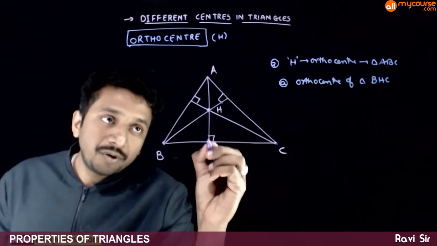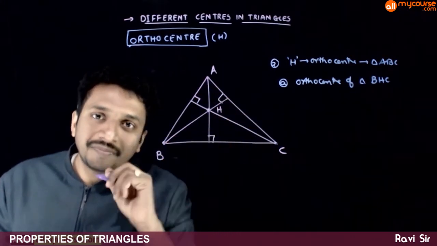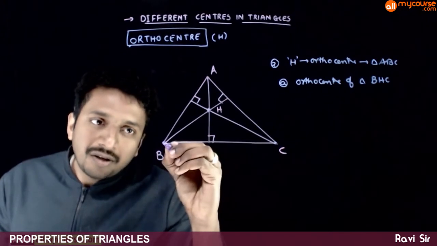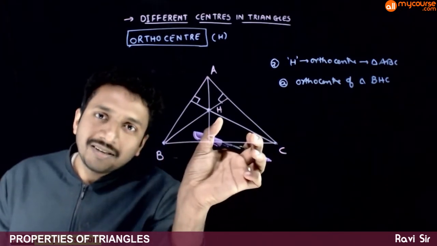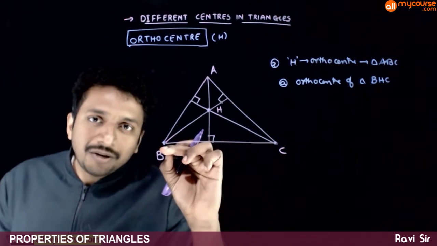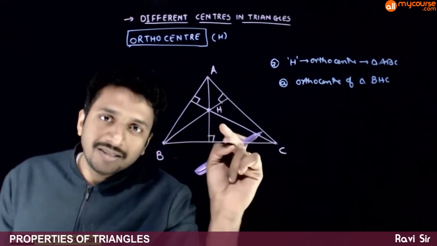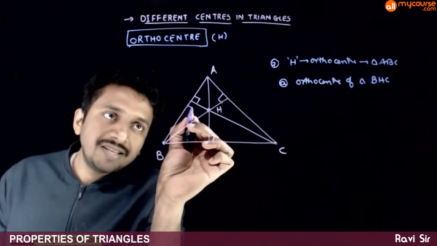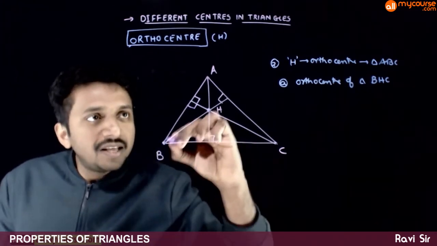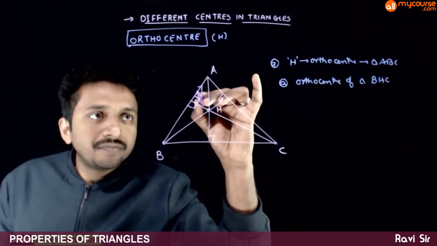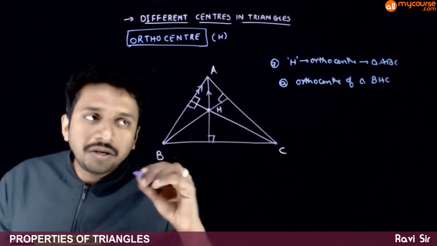From H, if you draw the altitude, that is the same as AH. And what is the altitude from B onto HC? From B you need to draw a perpendicular onto HC. Obviously you cannot draw it inside, so you have to extend this outside, and this angle is 90 degrees. Hence BA is the next altitude. HA is one altitude.